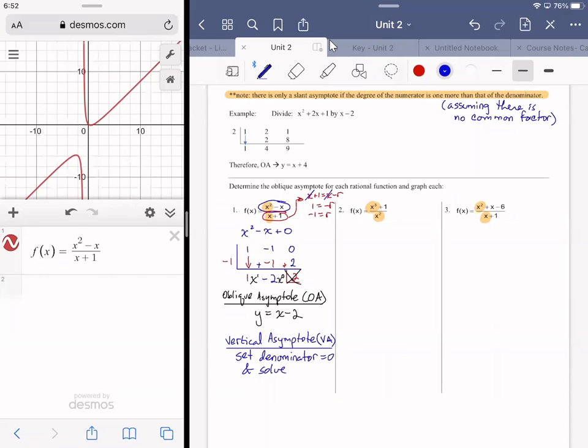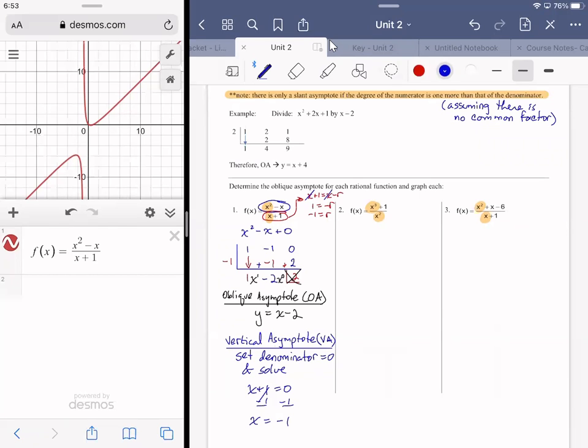So if there's a common factor where that denominator would simplify out, it's not a vertical asymptote. But most of the time, almost all the time, you can tell visually whether or not what you think is a vertical asymptote actually is. So x plus 1, set it equal to 0, subtract 1, and you get x equals -1.